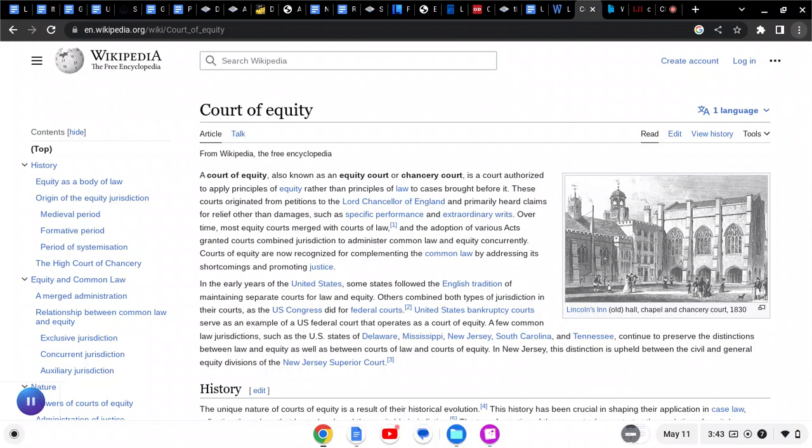So it's not really a court. Well, it's not a court at all. It's an administrative agency, but it's not a court of law. It's a colorable court of law and a colorable court of equity, because there are no statutes in equity and there are no statutes in common law.